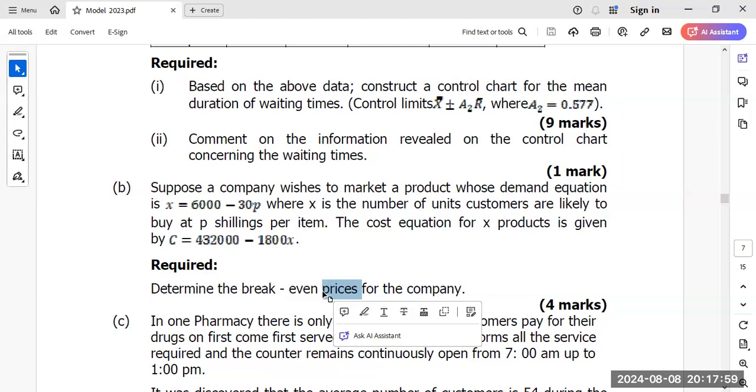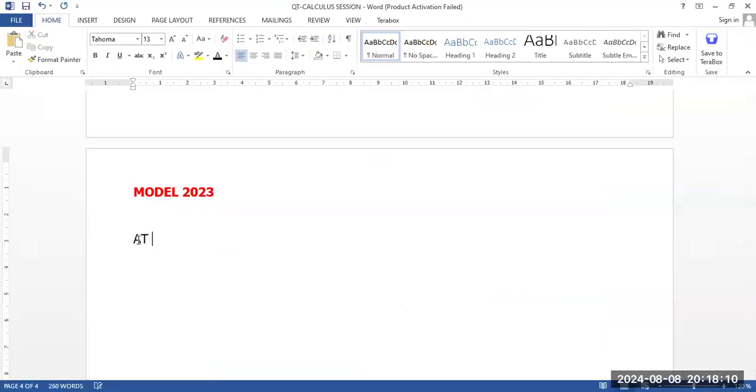Another thing you need to know is that at break-even point, always know that total revenue is equal to total cost. That is the rule.